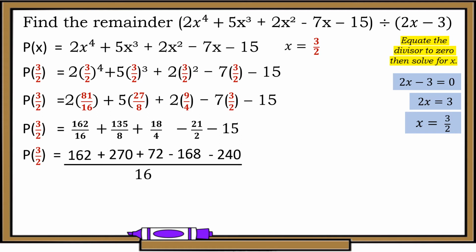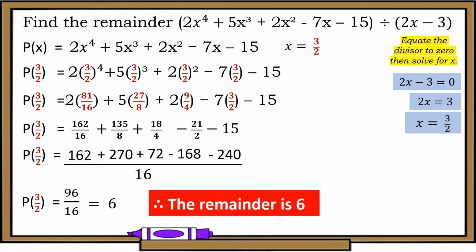Simplify na natin. 162 plus 270 plus 72 minus 168 minus 240 is equal to 96 over 16. So, P of 3 halves is equal to 96 divided by 16 or 6. So, ano ibig sabihin yan? Therefore, the remainder is 6.